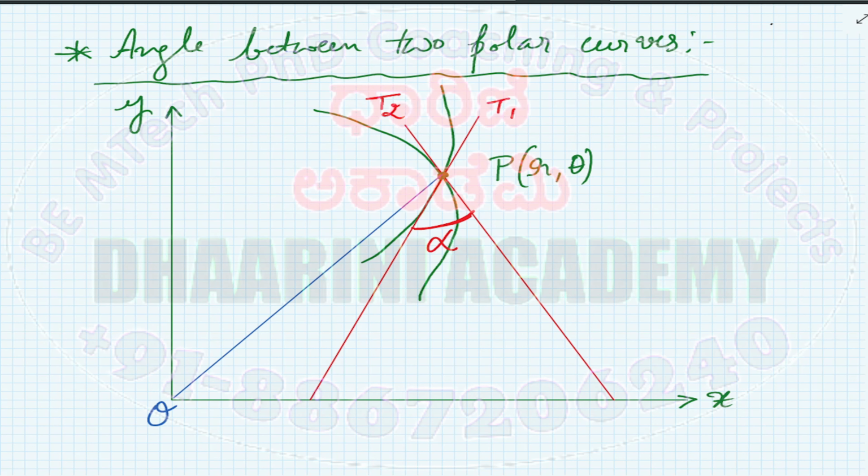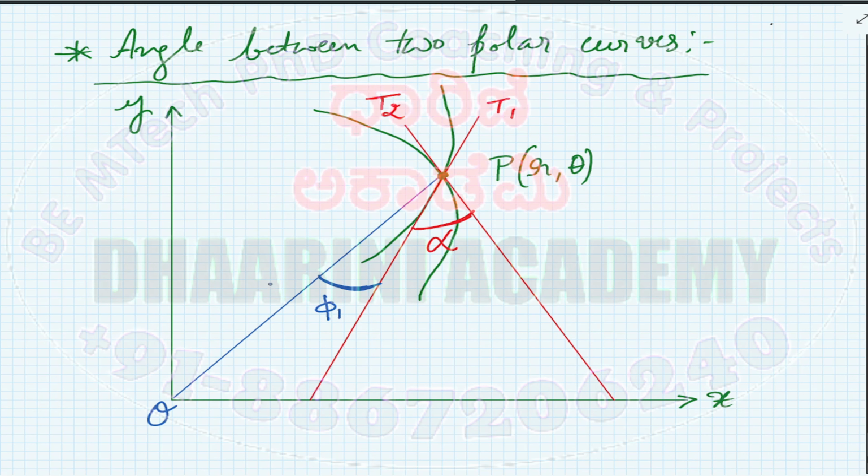Now from the basics, I know something, that is the angle between the radius vector and the tangent I know already. So for example, this angle between this radius vector and the first tangent T1, I know that. I have an equation for that. That is nothing but phi 1.